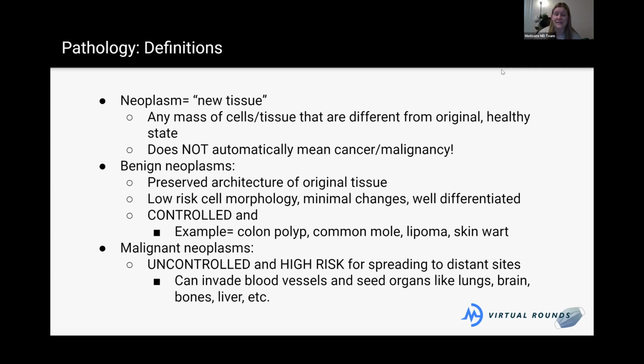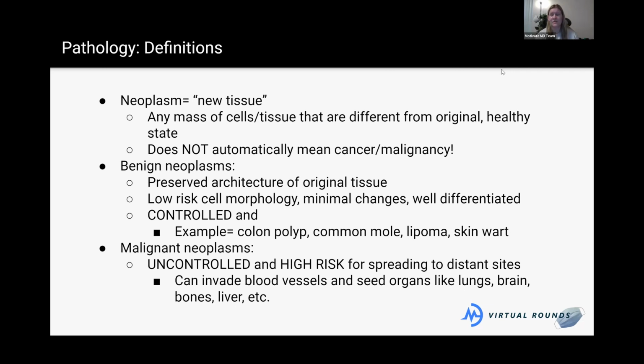Whereas malignant neoplasms, malignant meaning cancerous and invasive and risking further progression of disease and potentially even causing death. The difference here is that it's an uncontrolled process and it's very high risk for spreading to distant sites like the lungs, brain, bones, liver, because they gain the ability and behavior to invade blood vessels and travel to other parts of the body.